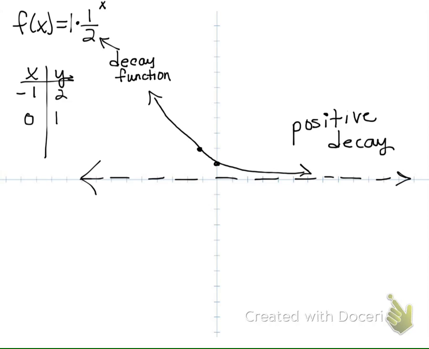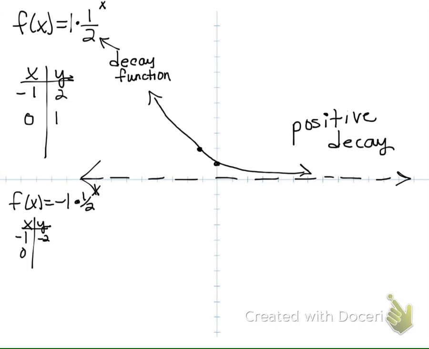Now what if I made that a -1? What if I wanted to graph f of x is equal to -1 times 1/2 to the x power? Our xy table would be very similar, right? Wouldn't it just change our outputs by changing its sign? Wouldn't that be the only change?